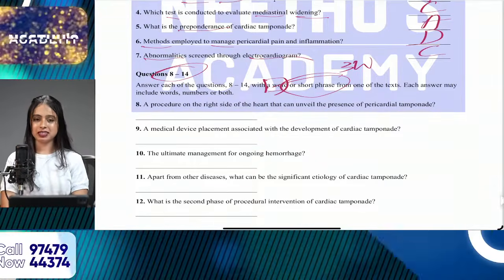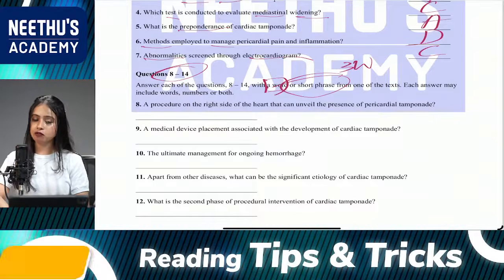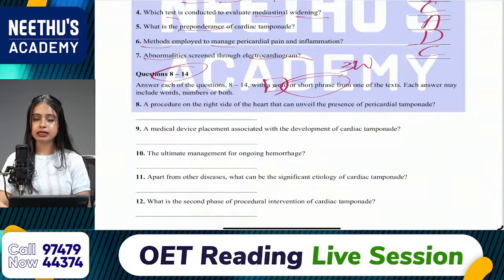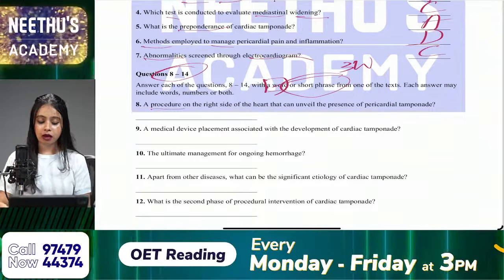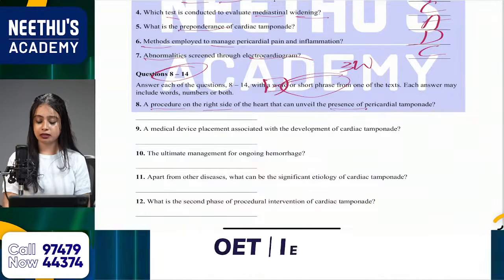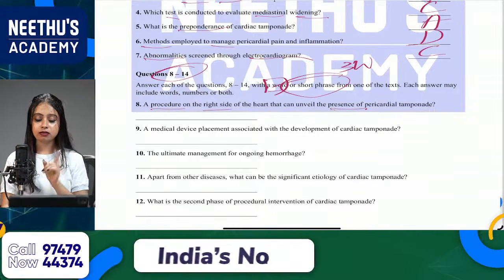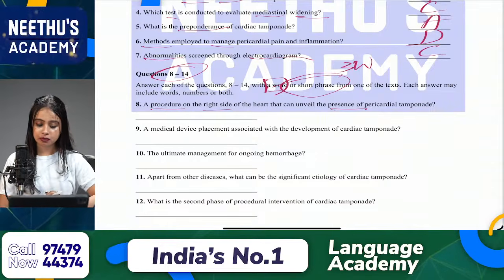Okay, Reba, yes. So, 8th one, a procedure on the right side of the heart that can unveil the presence of pericardial tamponade. So, my keywords, procedure, then right side, then presence. So what is the answer? Procedure on the right side.